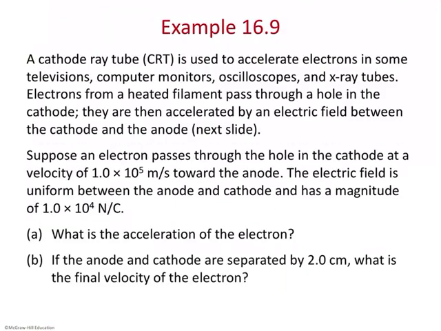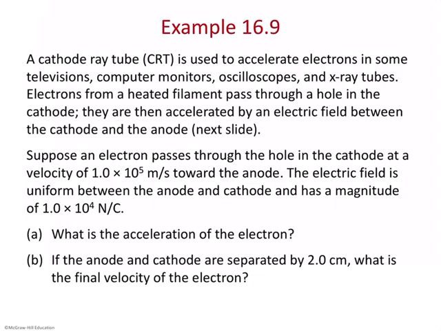So this is saying the acceleration of a charged particle due to an electric field. I swear, they did it backwards on this PowerPoint. So weird. Okay, so you've got a cathode ray tube, which is sort of the first thing that they created a long time ago that proved that there were these things called electrons. It's used to accelerate electrons in televisions, computers, different things.